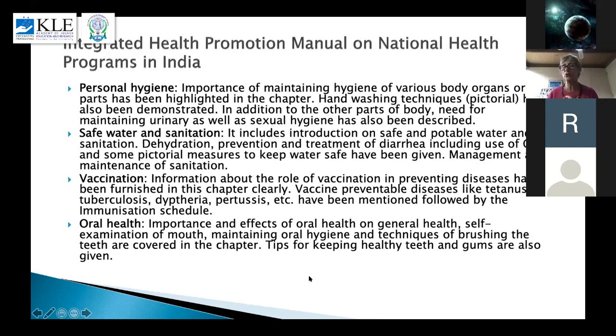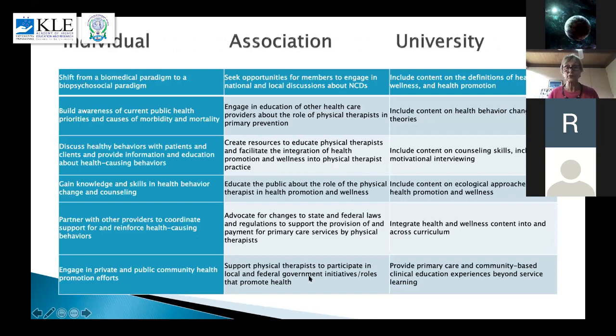And that's something that we can talk about with all our patients, encouraging them to have a look at all these things. But we can be advocates as well. And this was something that came out from the American Physical Therapy Association, looking at what the individual physiotherapist can do on the left-hand side of your screen, what the associations can do in your country.